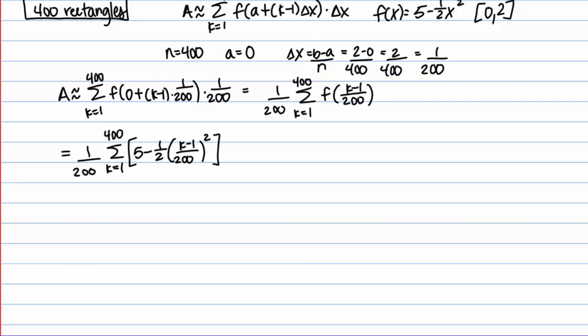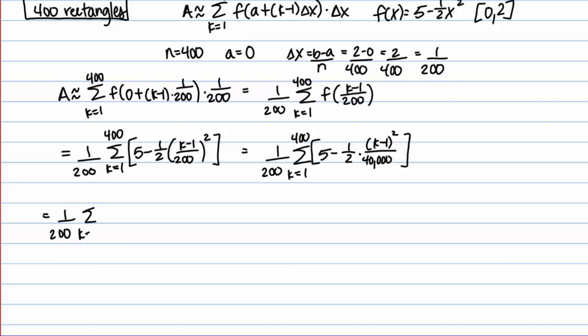All right, now comes the kind of nasty algebra. So 5 minus 1/2, this is going to be k minus 1 quantity squared over 200 squared, which is 40,000. So I can write this as 5 minus 1 over 80,000 times k minus 1 quantity squared. We just did that above, right?